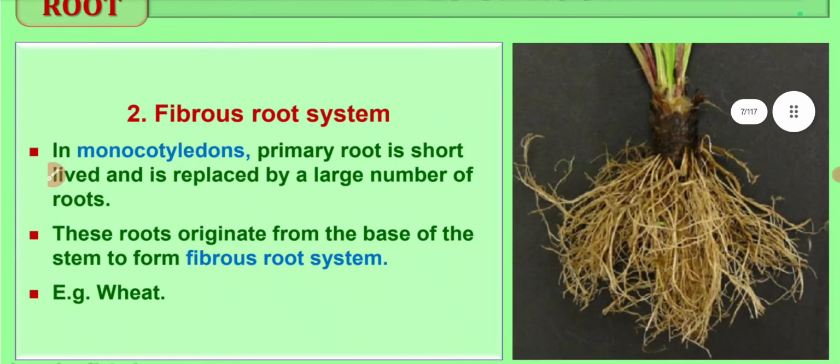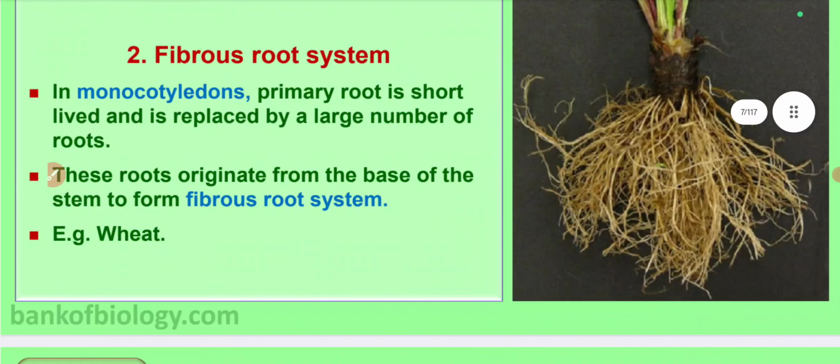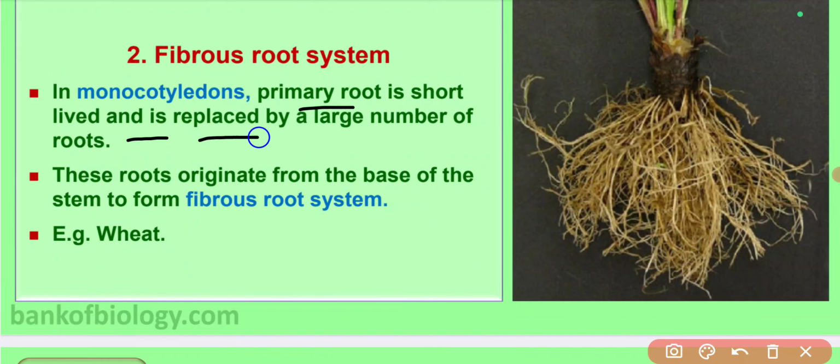Next, second is the fibrous root system. Fibrous roots are seen in monocotyledons. In monocot plants, the primary root is short-lived and is replaced by a large number of thin roots. As you can see, there is no main root or primary root, because the primary root is short-lived and is replaced by a large number of thin roots.